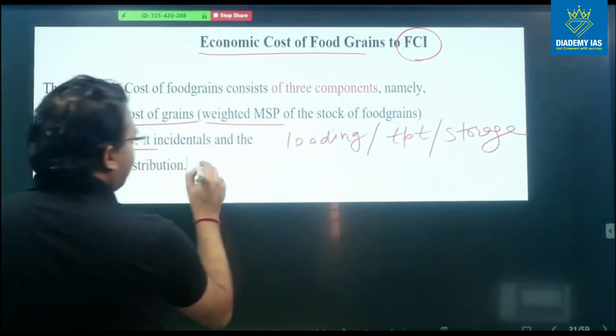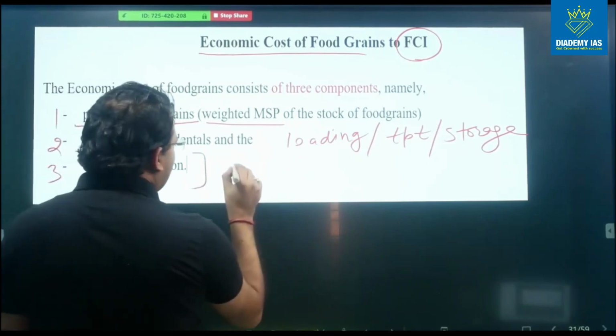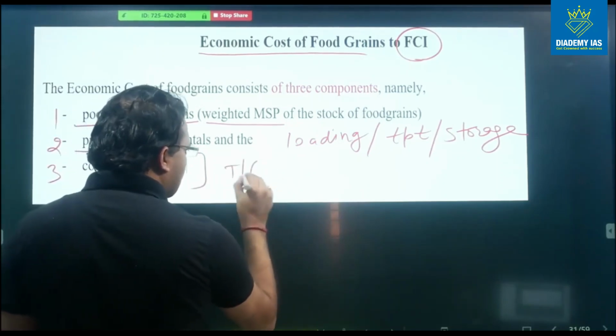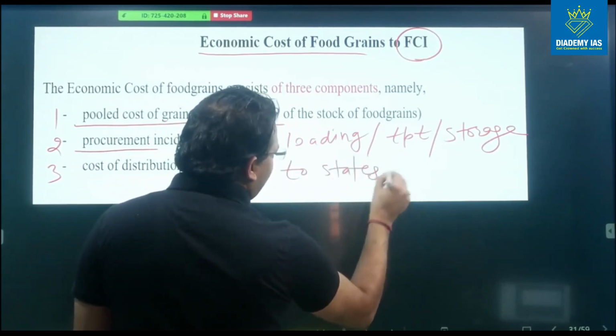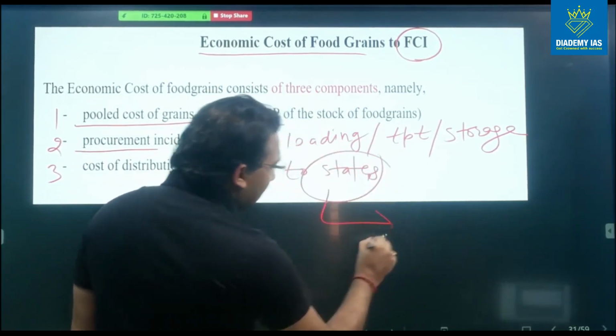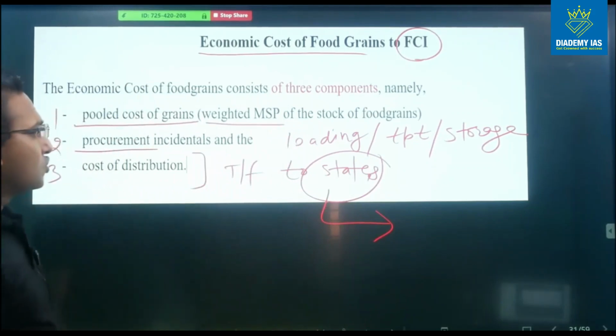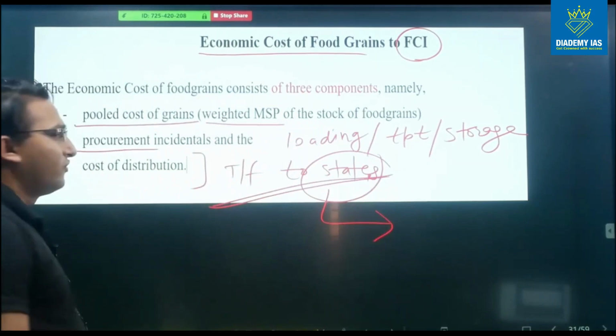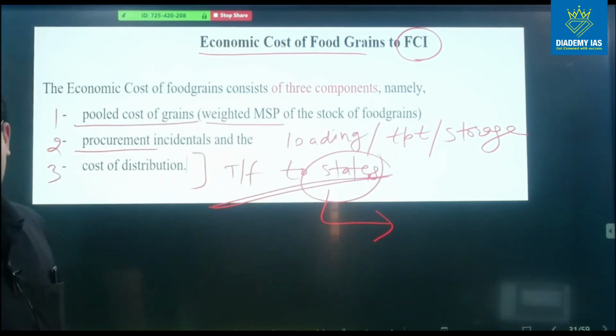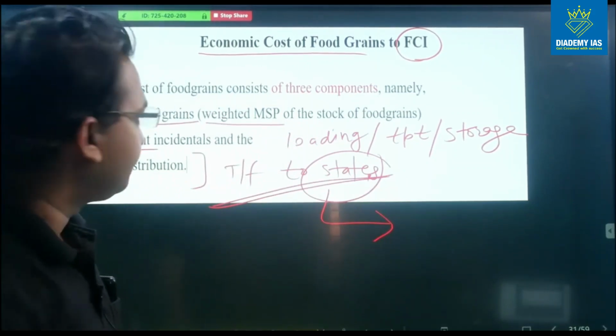So cost of distribution primarily includes the transfer cost to the states. So when the goods are transferred to the states and the state ultimately sells to the consumer, right? So the cost of transfer to the state, till this point this cost of distribution is counted as part of the economic cost of food grains, right?